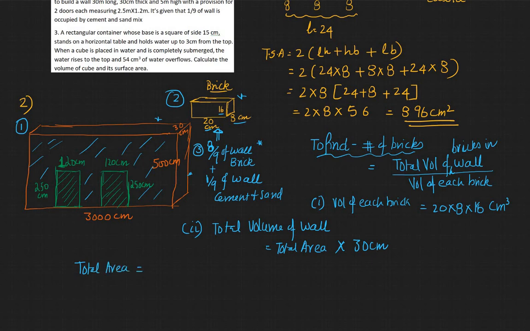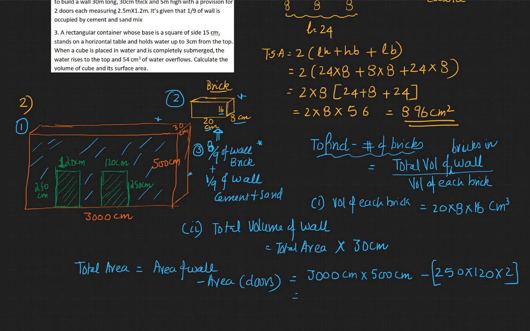Now how do you find the total area? The total area would be the area of the full wall minus area of doors, right? And that's equal to area of the wall, which is 3000 centimeters into 500 centimeters, minus 250 into 120 centimeters into 2, because you have 2 doors here, right?